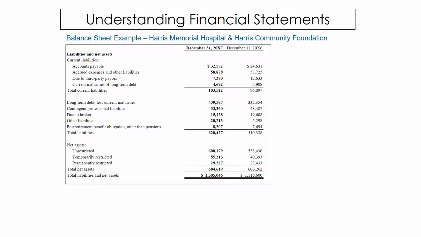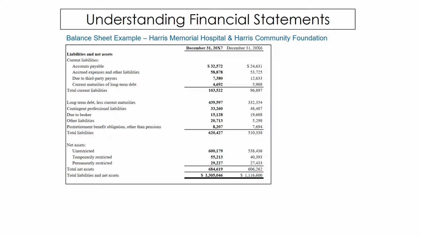I'll explain the exact difference between those two, but just see net assets equals equity. It's the same thing. We have total net assets of $684,619. Gives us a total liabilities and net assets of $1.3 million. And if you go back to the previous page, that balances with the amount of assets that we have.